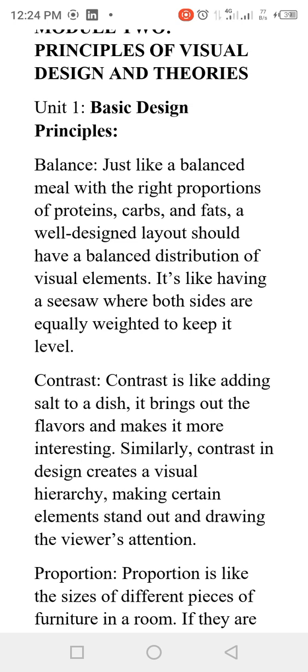There must be picture, there must be title, there must be text, that's wording, there must be background color. These are the things that make your design balanced.